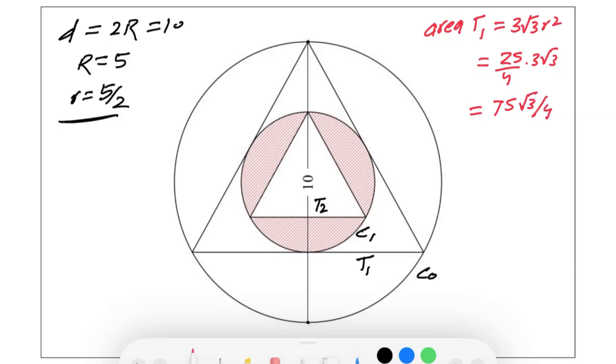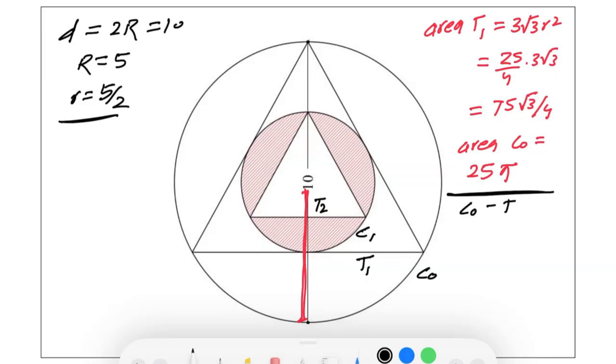What will be area of C0? The radius will be 5 in this case, okay, half of 10. So therefore in a simple way it will be 25 pi. So what do we get? Now C0 minus T1, okay. So C0 minus T1 will become 25 pi minus 75 root 3 by 4.